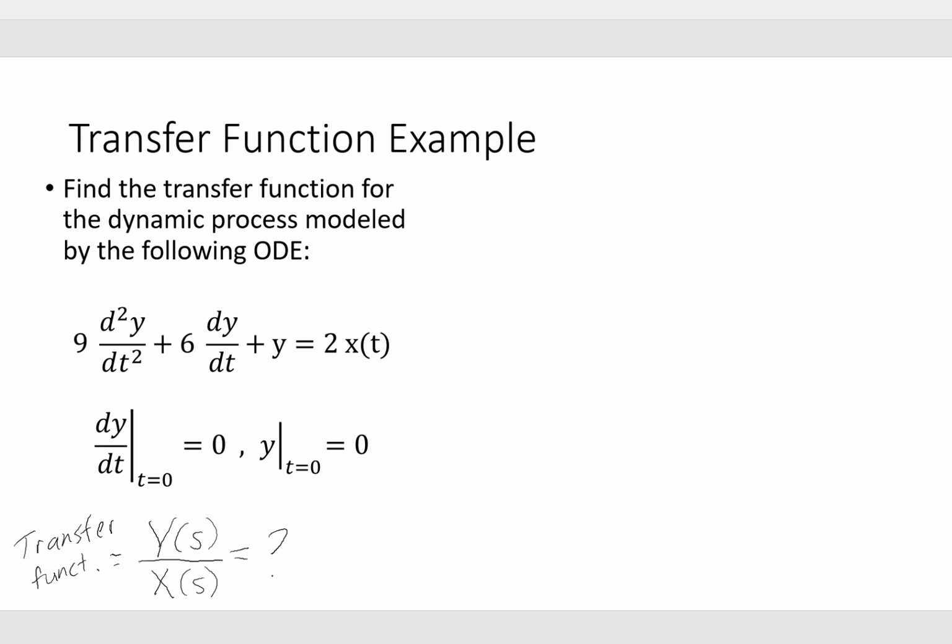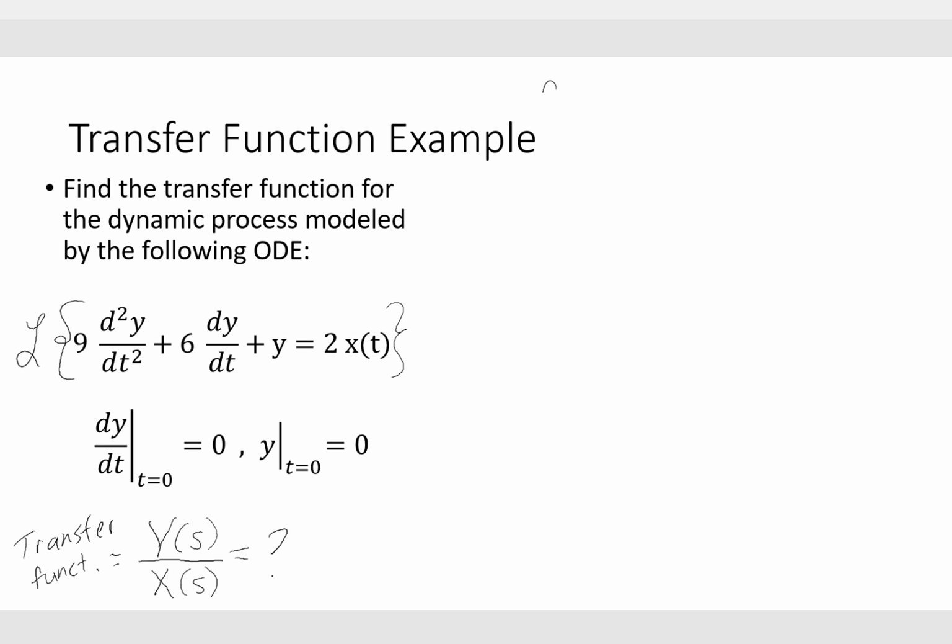So just as we did with the ODE initial value problems, we're going to take the Laplace transform of this function and apply the linearity principle once again and distribute the Laplace operator across these terms.